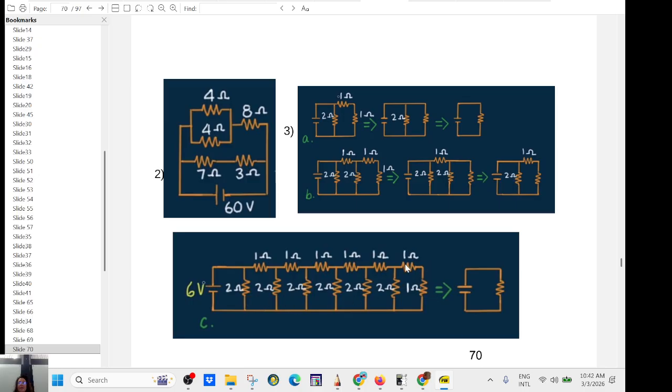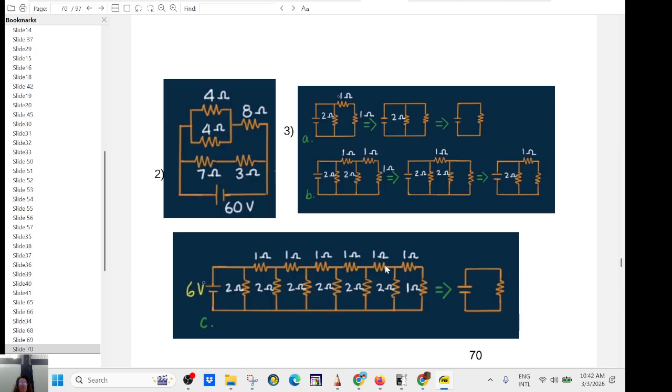So look at that. You start from the end. 1 and 1 are in series, so it's going to be 2. 2 and 2 in parallel, so it's going to be 1.